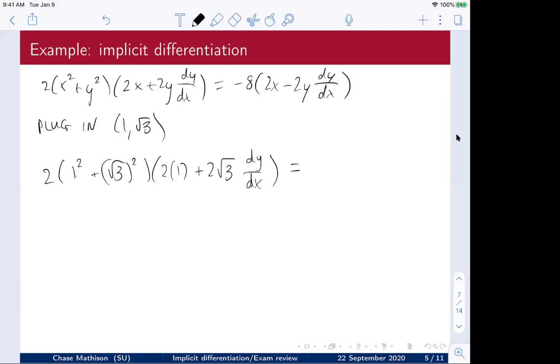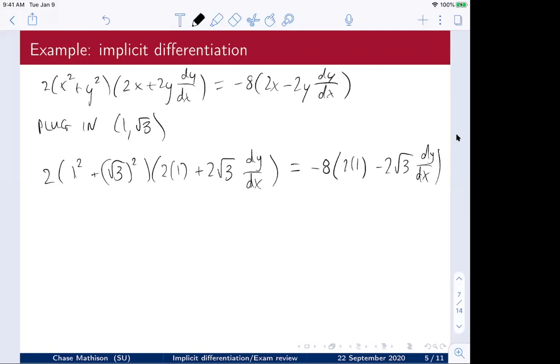This is equal to negative 8 times 2 times 1 minus 2 times the square root of 3 dy dx. Okay. So let's simplify a little bit.